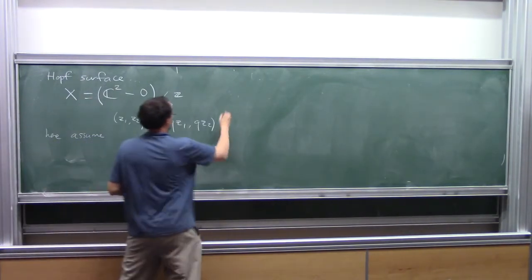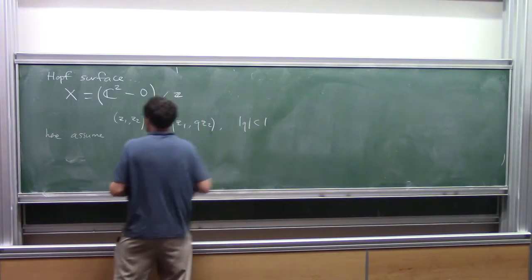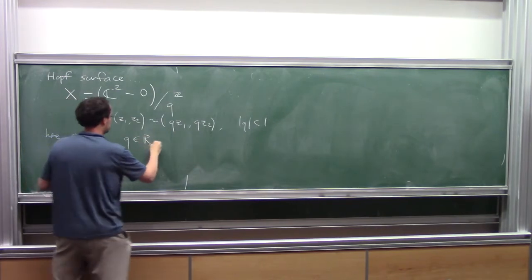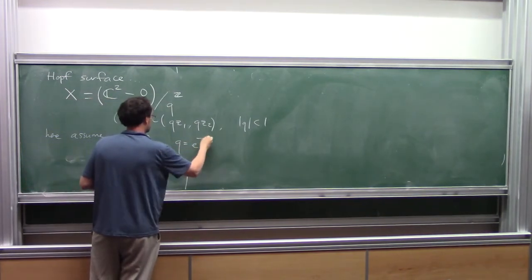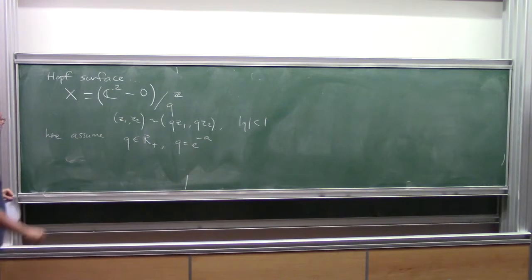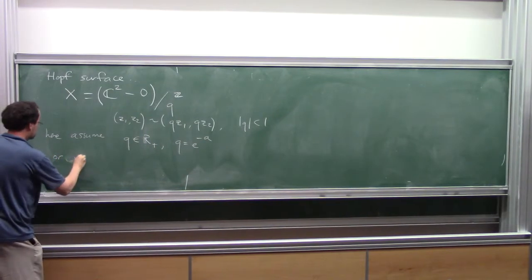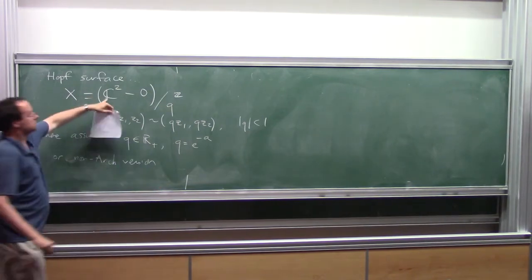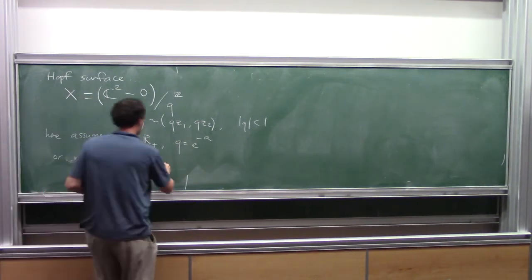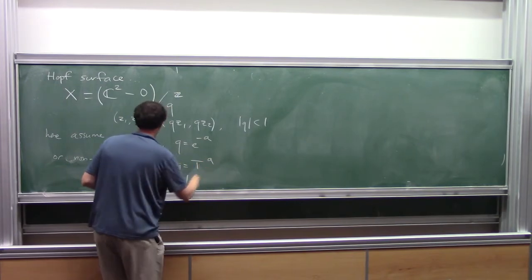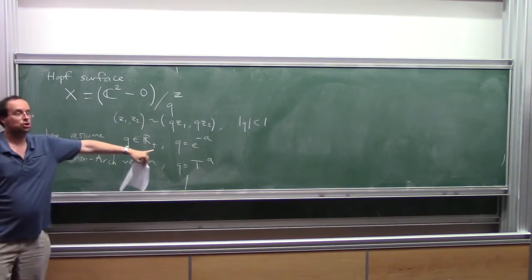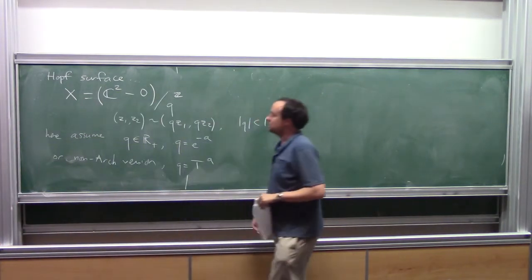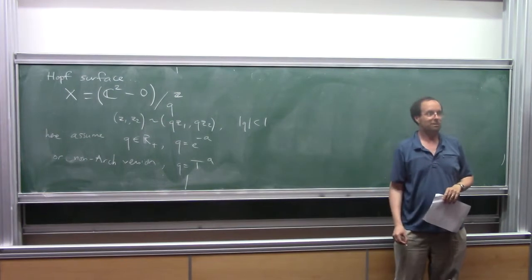Here you can, for example, assume q less than 1, and in fact I will assume that q is a real positive number, maybe q equals e to the minus a for some positive real number a, or there's a non-Archimedean version where you replace C by a non-Archimedean field, and the simplifying assumption I will make similarly is that q is just a pure power of t, of a variable. The reason is I don't want to bother yet with things like B fields on the mirror.